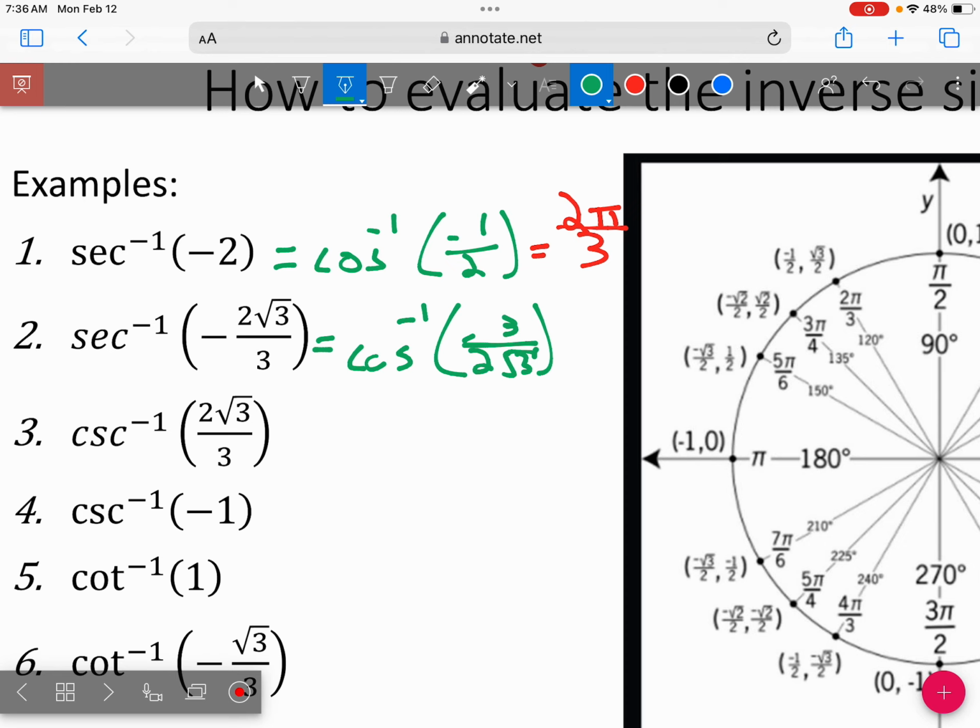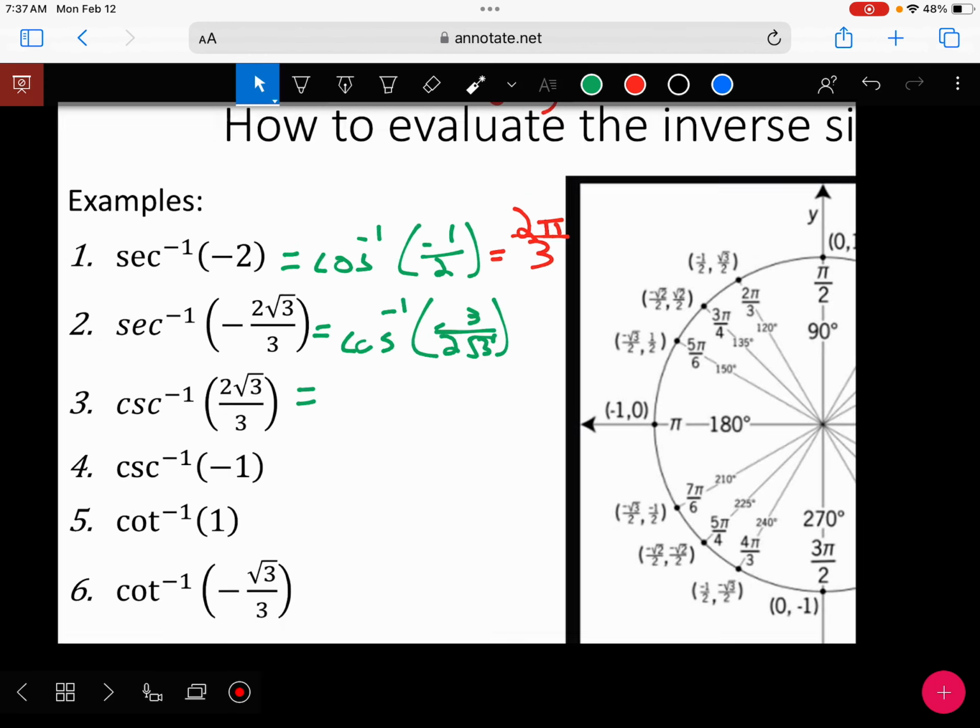So this is where we have to be careful. If we rewrite it and it's not rational, there's a square root in our denominator, it will not show up on our unit circle. So now we have to rewrite it again, but with a rational inside.